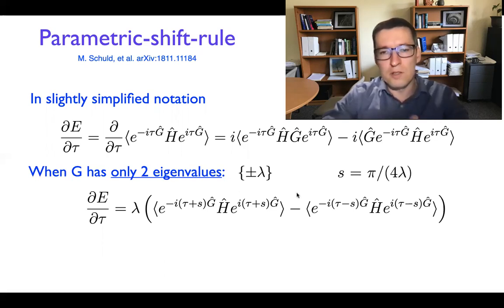And other unitaries, if they are present, they are there as well, right? But the only difference between these two expectation values is that the amplitude for the first one is shifted positively with this S value, and for the second one, it's shifted negatively with the S value, right? So that's what the shift is.